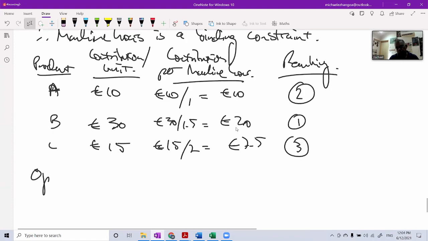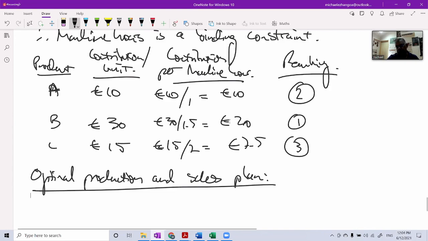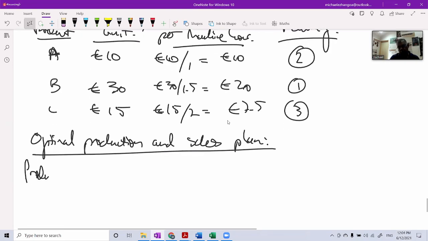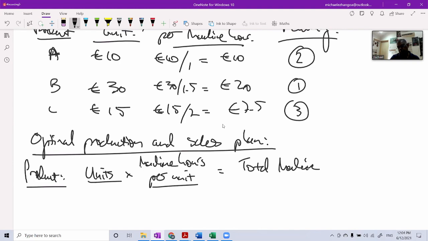So, optimal production and sales plan. We do a simple table. Product, units multiplied by machine hours per unit, total machine hours.